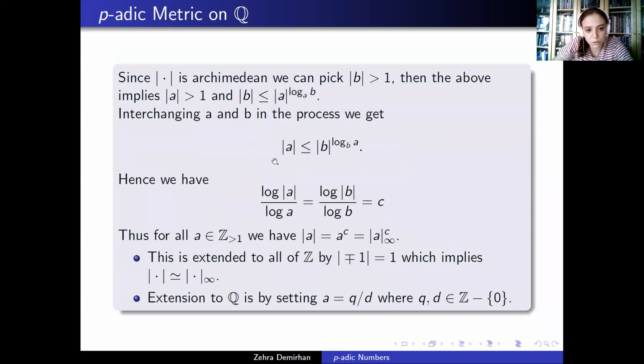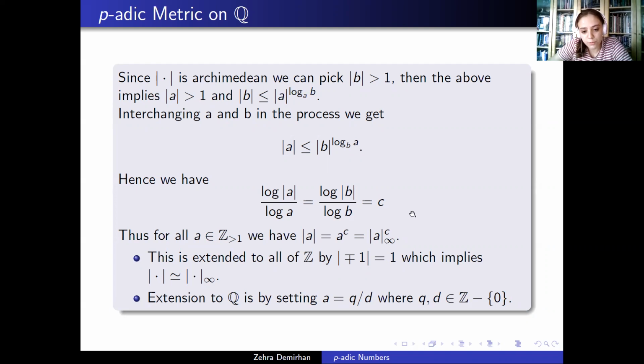Further, let's consider the logarithm of both sides for both inequalities. Then we recognize that there is a constant ratio between logarithm norm of a and logarithm a, and logarithm norm of b and logarithm b. So this implies that for all integers a and b greater than 1, we have this equality here, which can also be stated as the norm of a equals the usual absolute value of a to the power c.